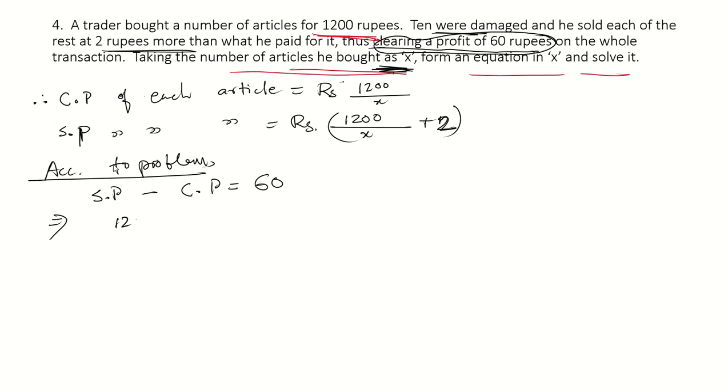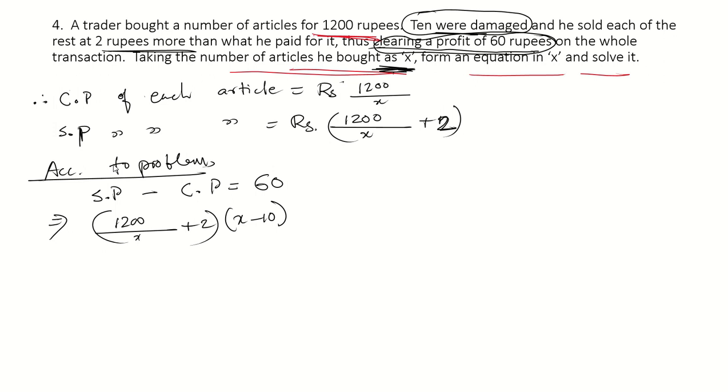Each article he sold at 1200 over x plus 2, but he sold only x minus 10 articles, because 10 were damaged.